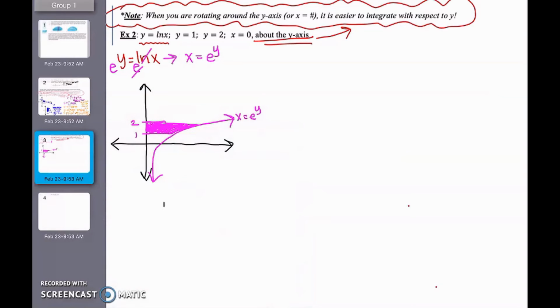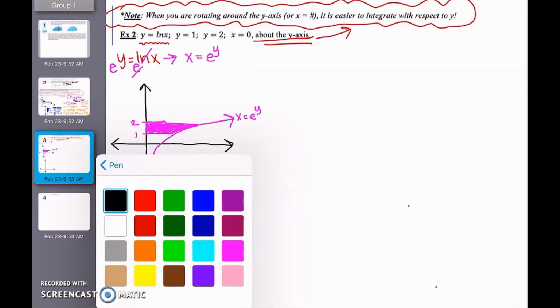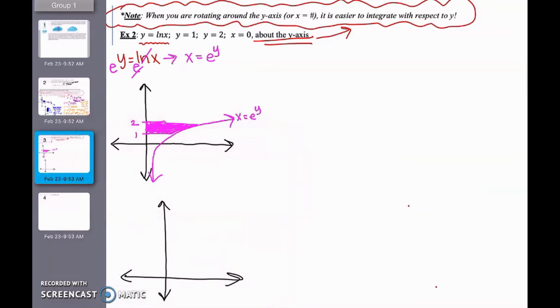So once again, here's my y-axis. Here's my x-axis. So I've got my shape, which looks something like that, right? This is the curve right here on the edge. This is the y equals ln x.